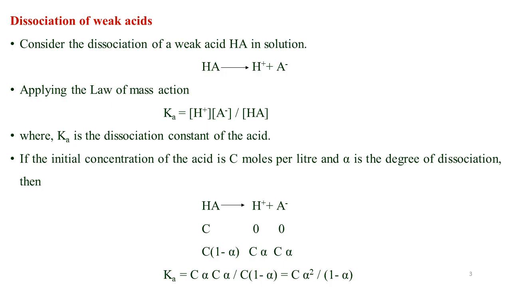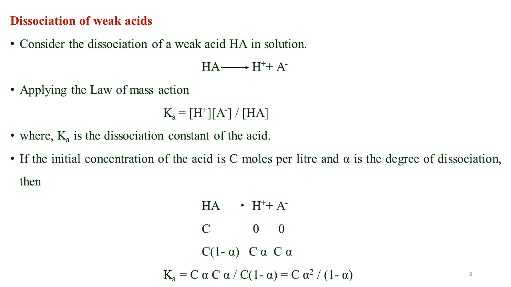If the initial concentration of the acid is C moles per liter and alpha is the degree of dissociation, then HA gives H+ and A-. C is the initial concentration, where the concentration of products will be 0.